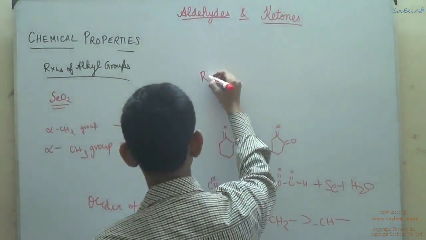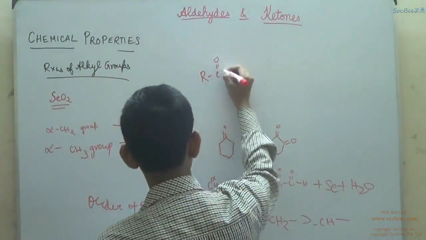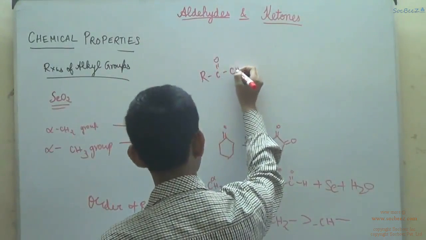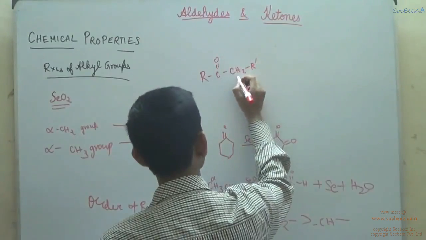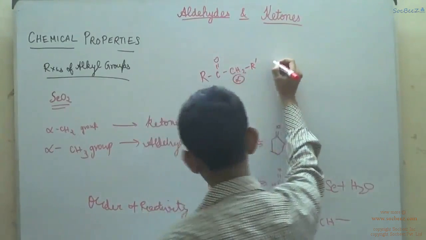One more is deuterium exchange. That is, suppose we have this. See, this is an alpha acidic carbon.